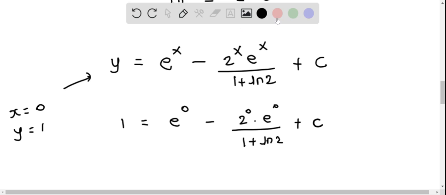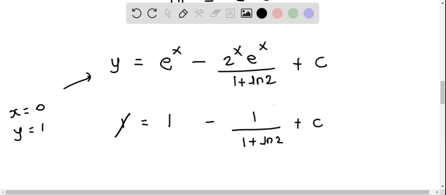Notice that e^0 is basically 1, so this can be replaced with 1. As well as 2^0 is 1 and e^0 is 1. So 1 times 1 is basically 1, so I'm going to replace this quantity by 1.